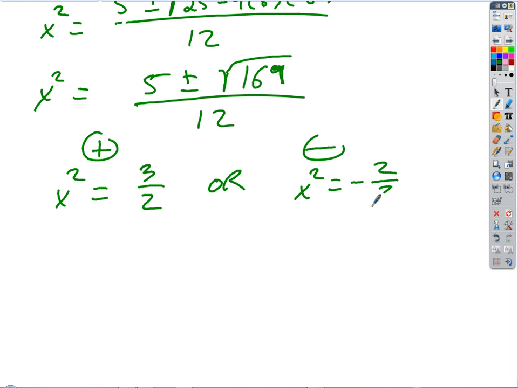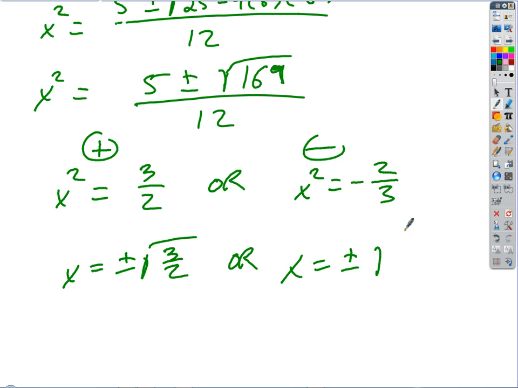Does that make sense? So x equals plus or minus the square root of 3/2, or x equals plus or minus the square root of 2/3 times i, because I've got that negative. Okay? If it were equal to 0, that's pretty easy stuff.